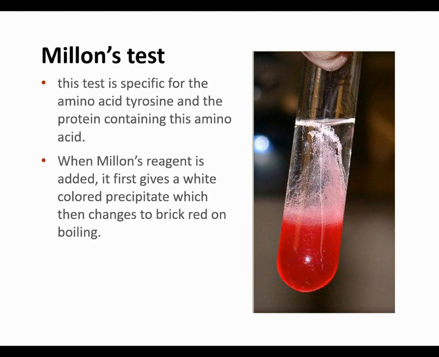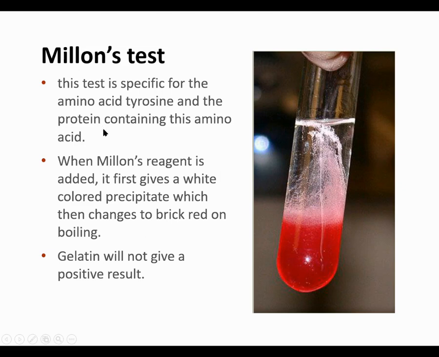That is how it's gonna look. So this one has been heated, and this is the upper part wherein the mixture was not heated, for visualization purposes. Take note that gelatin will not give a positive result because it does not contain tyrosine.